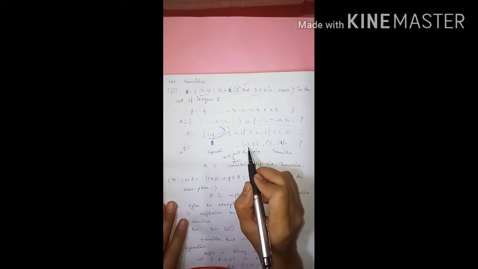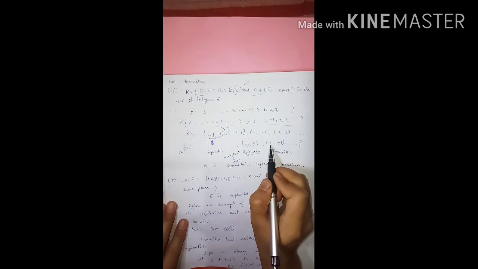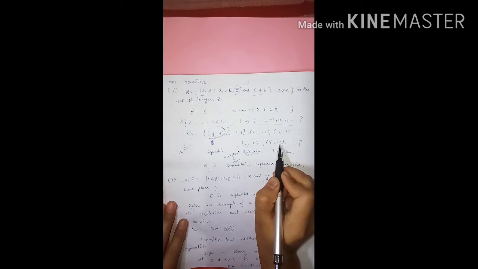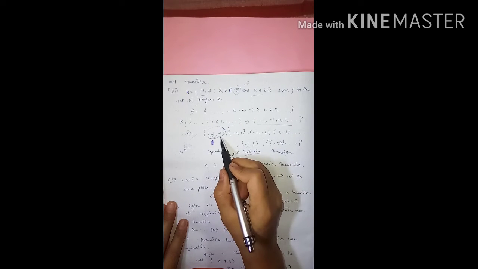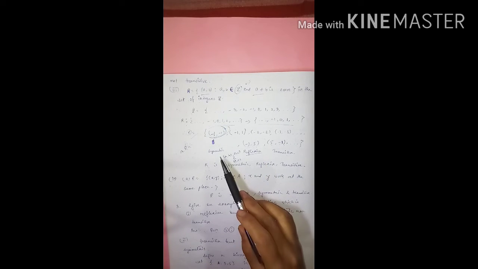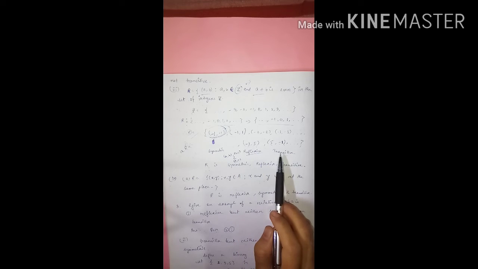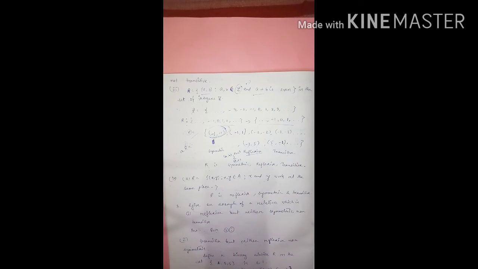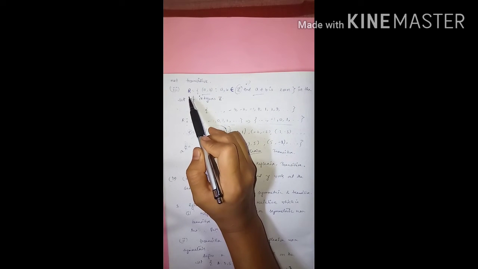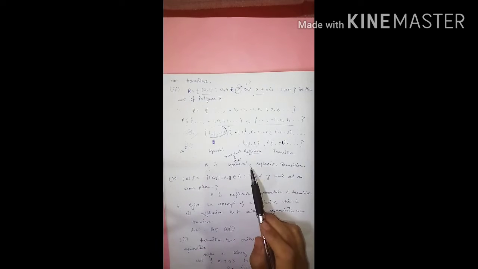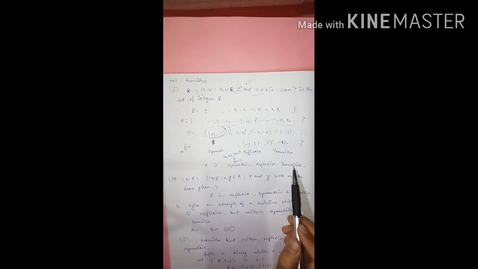So (-1, 5) and (5, -1) implies (-1, -1). So this is transitive also. You can check all these, symmetric, reflexive, transitive, for other elements also. I have only taken a few elements. So the relation R is symmetric, reflexive, and transitive.